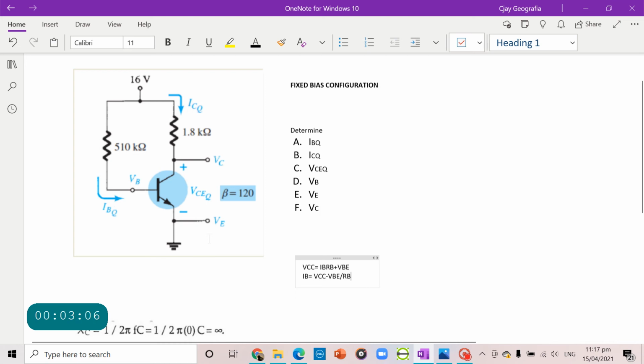If we think about Ohm's law, I is equal to V over R, but in this case we use Kirchhoff's voltage law.